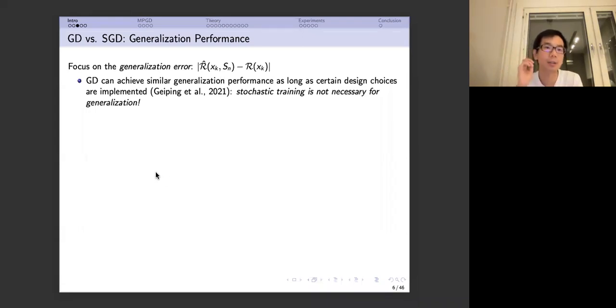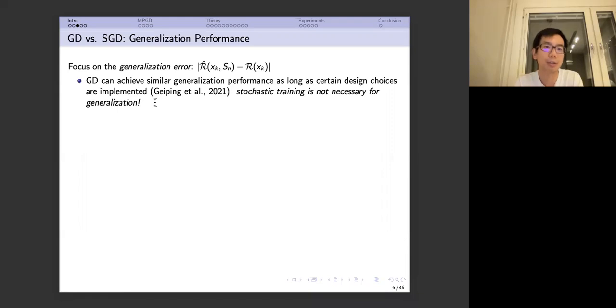There are other things like convergence and efficiency and so on, but here we just want to understand gradient descent at a fundamental level a little bit deeper by focusing on generalization performance. This is measured by the generalization error, which is defined as the difference between the empirical risk and the population risk.